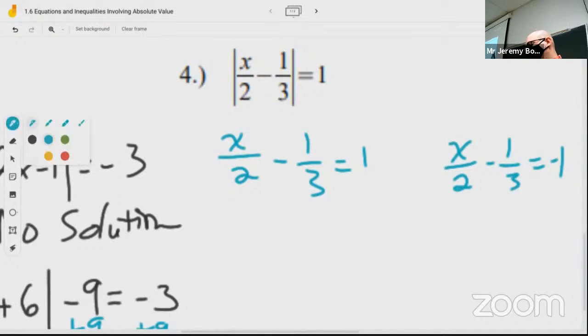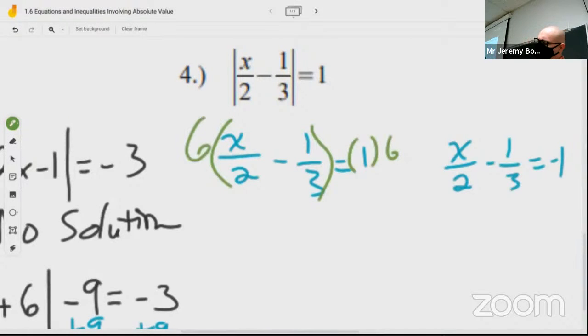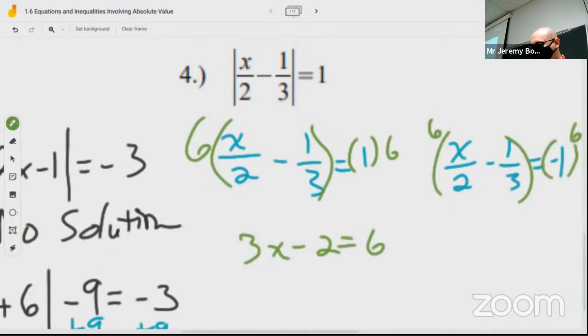To get rid of the fractions, just like before, we can multiply by 6 on both sides. And so we end up with 3x minus 2, make sure you distribute that 6, is equal to 6. Or, do this one as well, and we'll get 3x minus 2 is equal to -6.